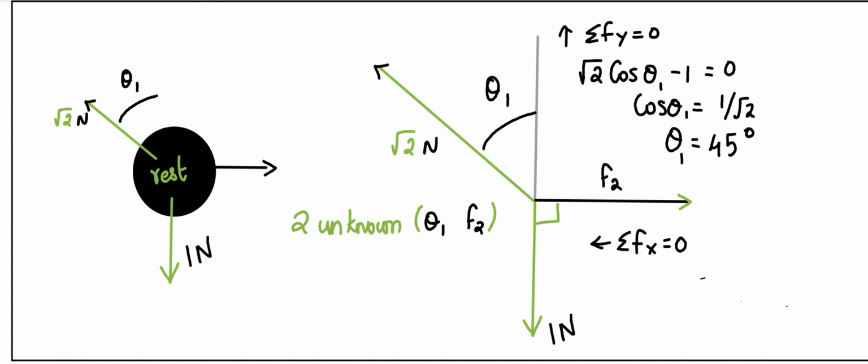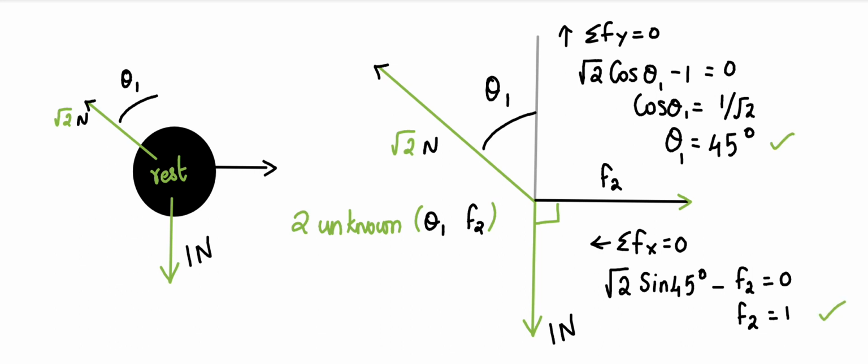With this known value of theta 1, I substitute in summation of Fx, and I get the value of F2. The F2 value is 1. So I have solved for the two unknowns here. What I state is, for all coplanar forces, drawing the free body diagram and applying the equilibrium condition helps us solve for two unknowns.